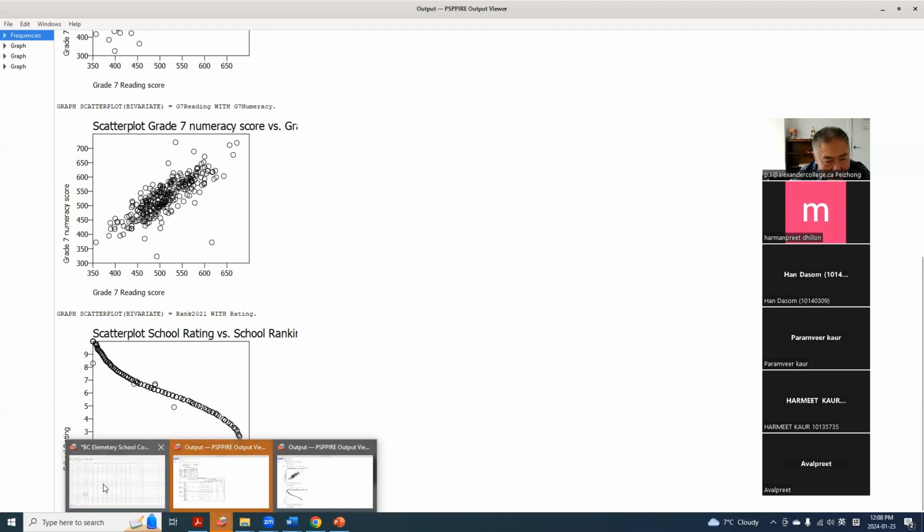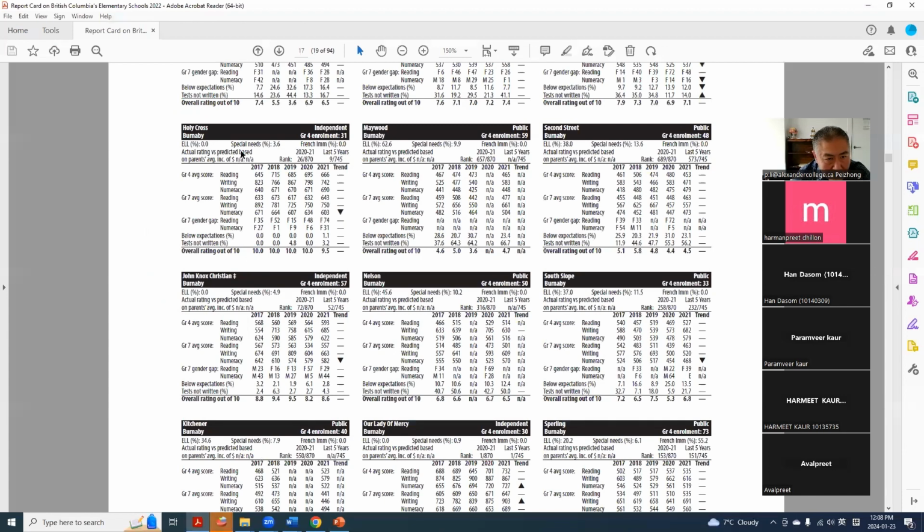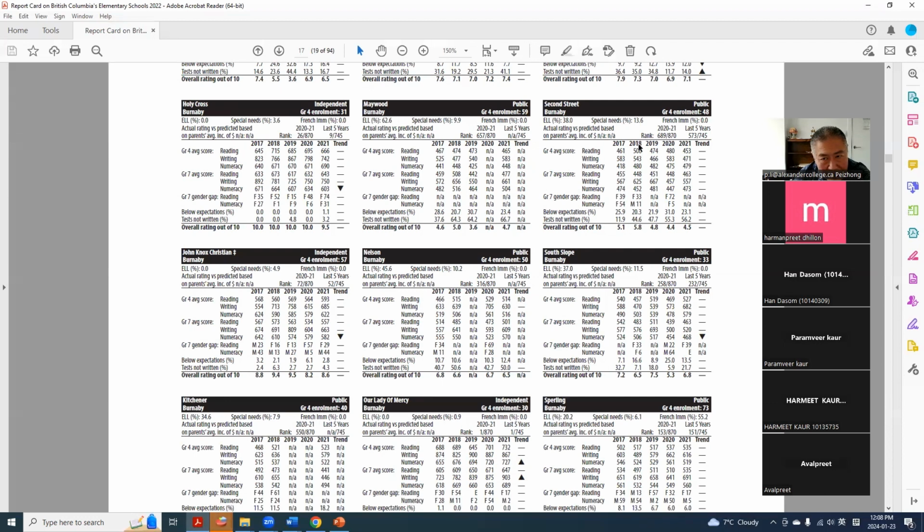And then let's look at another negative correlation here. One interesting variable is special needs students percentage. Some schools have a very high percentage of special needs. This one, Second Street, Burnaby, 13%, almost 14%.